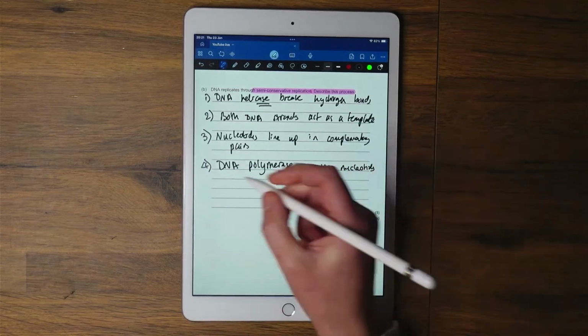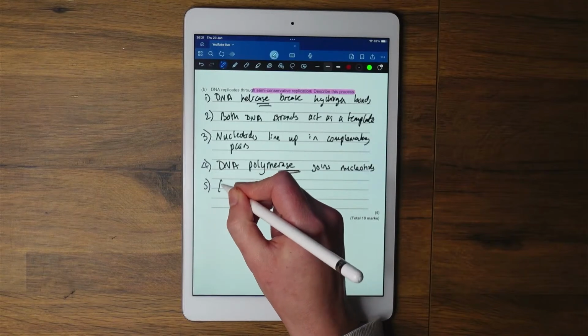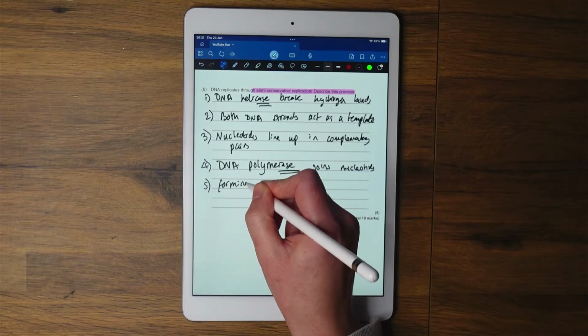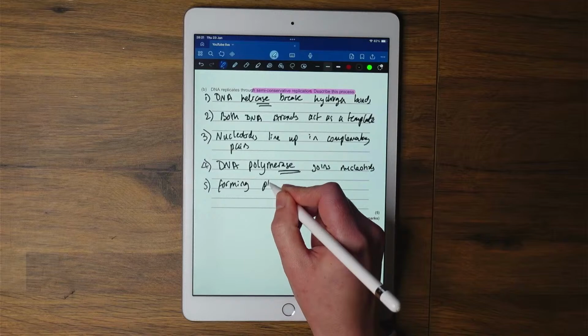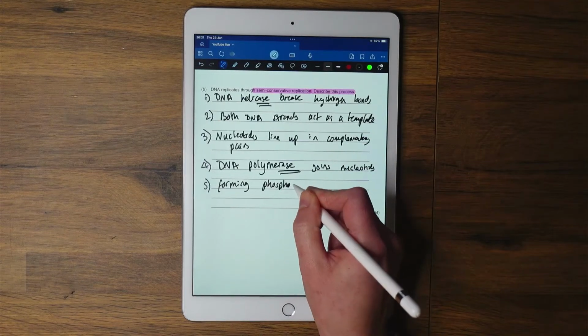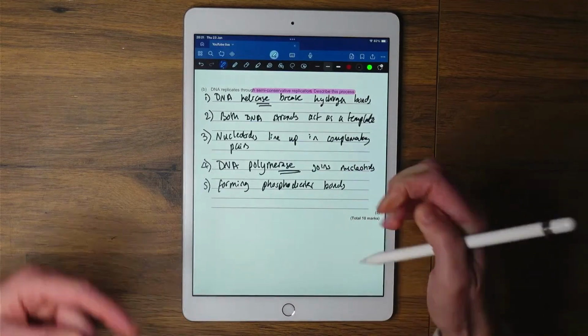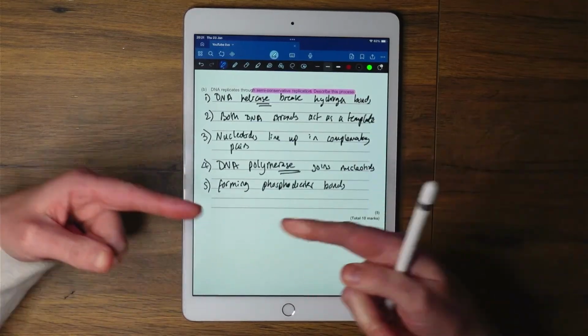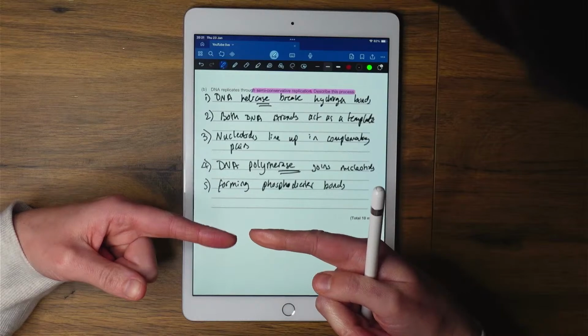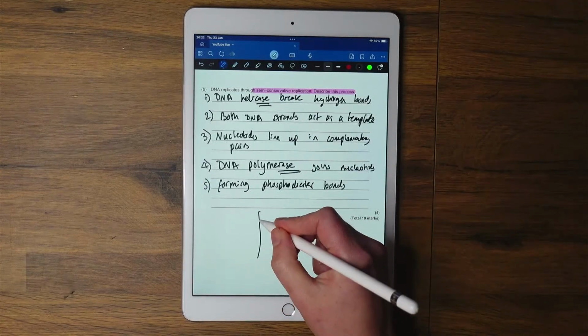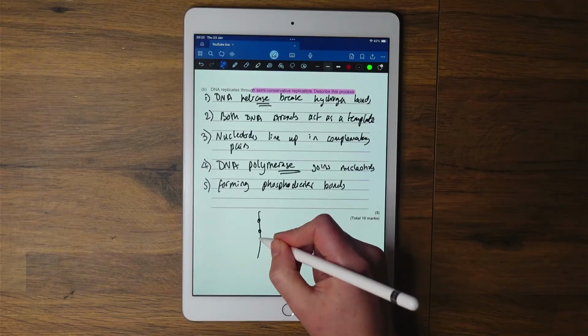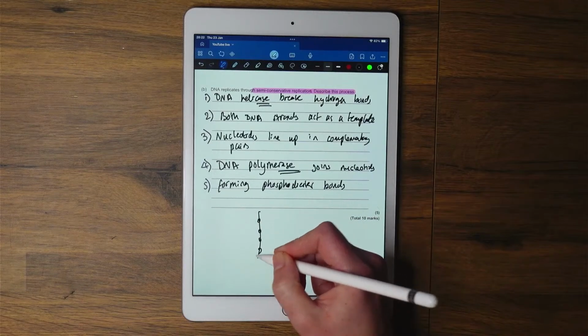And I'm going to say forming phosphodiester bonds, because it's always good to name the bonds. It's not hydrogen bonds. Hydrogen bonds are between complementary bases. To get your new DNA chain, that would be phosphodiester bonds.